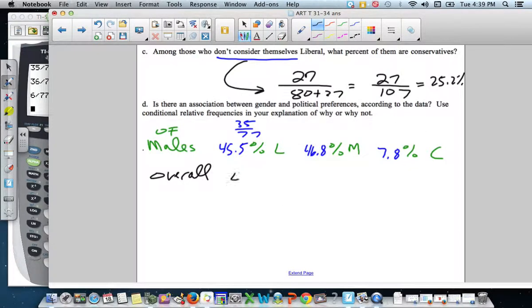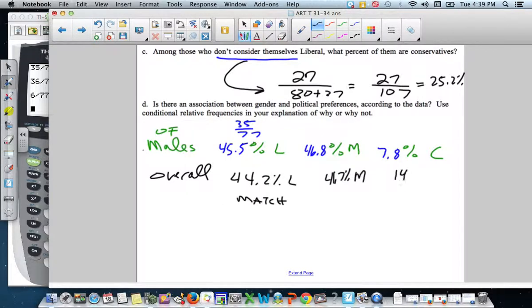So overall I have 44.2% liberals. Well, that's pretty much a match. So I'm thinking right now, not an association, because the males were pretty consistent with that. And then I've got 41.7% here. Well, that's a little low compared to the males. And here we really start to see a difference.